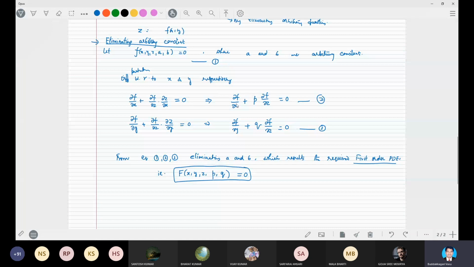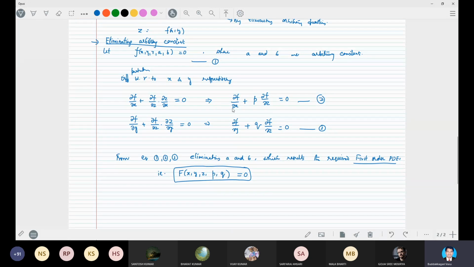These equations can be used to eliminate the arbitrary constants. The resultant equation will be of the form f(x, y, z, p, q) = 0, because only equations 1, 2, 3 were used and simplified to eliminate the arbitrary constants a and b. So there is no change in the derivatives' order.